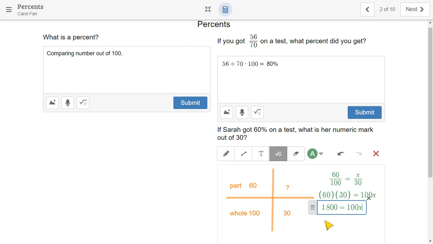Now we're going to divide both sides by 100. And we have x is equal to 18. So Sarah got 18 out of 30 on the test.